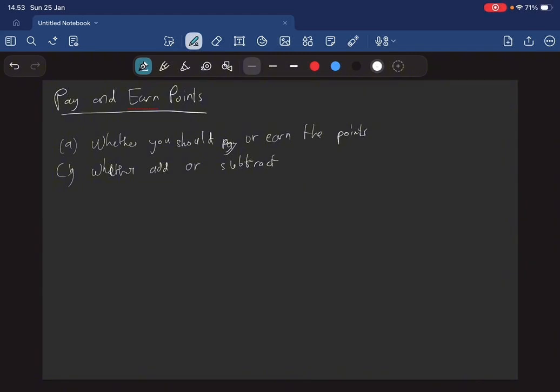So whether you should pay or earn the points, and whether to add or subtract the points to get the forward rate. Let's see how this works in the following example.